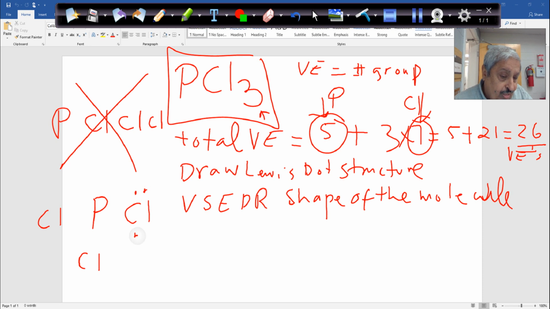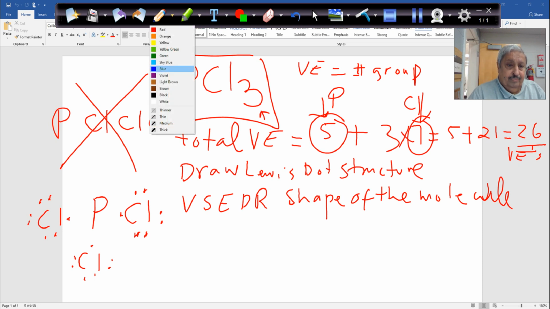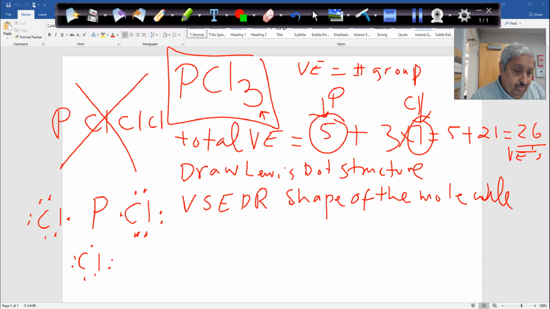2, 2, 2, 2, that's 6, 7. And here's 7. Here's 7. So phosphorus has 5, correct? So I will do here 1, here 1, and here 1.